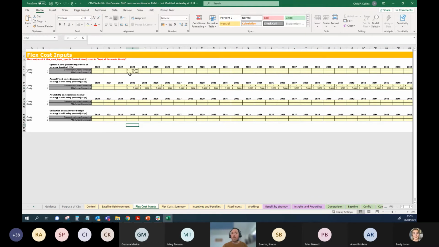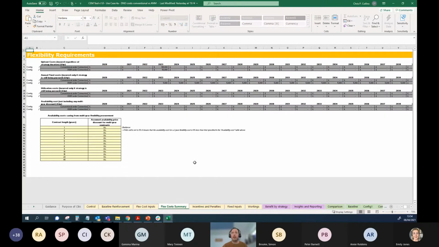So again, we're just comparing a one-off payment versus a reduced one-off payment and ongoing costs. You will note that some of the headings here don't necessarily make perfect sense. And that sort of comes back to this point that it's designed primarily to deal with that initial use case of flexibility versus conventional network solutions. But we can use the tool to look at some of these other situations.